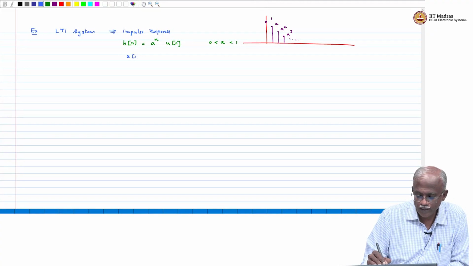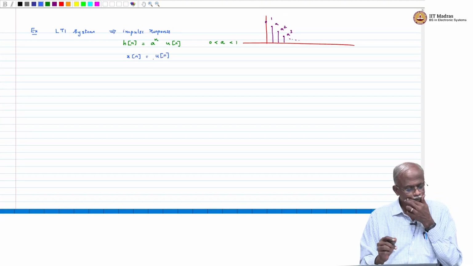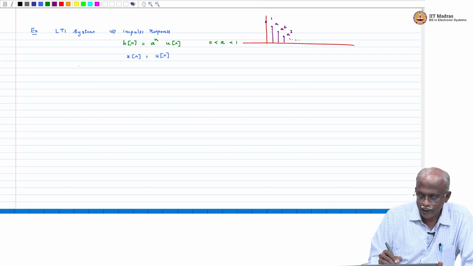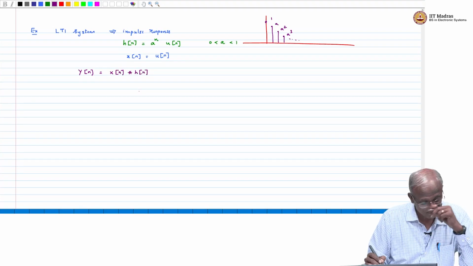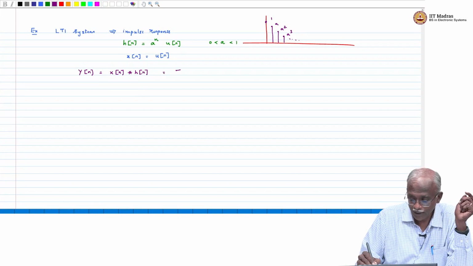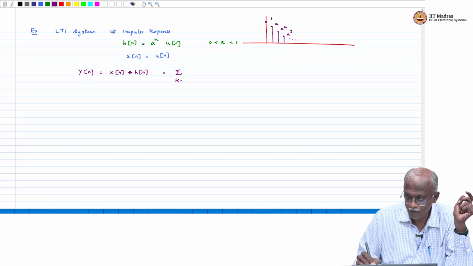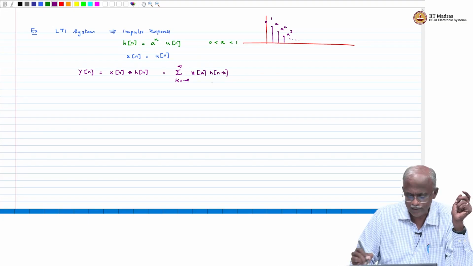We are given that the input is equal to u of n. So, the output is y of n equal to x of n convolved with h of n. This is given by summation k equal to minus infinity to infinity x of k h of n minus k.